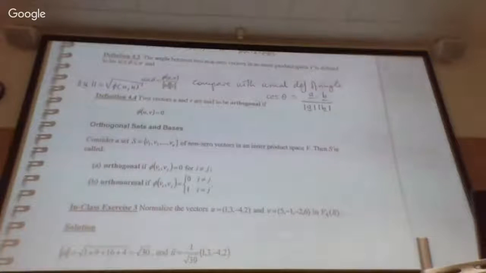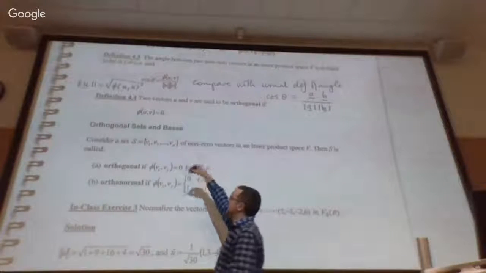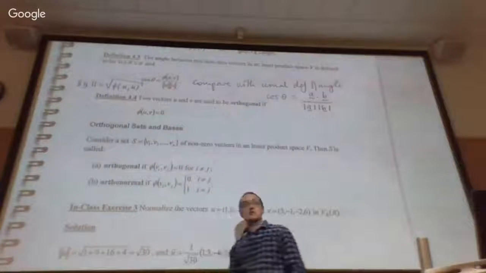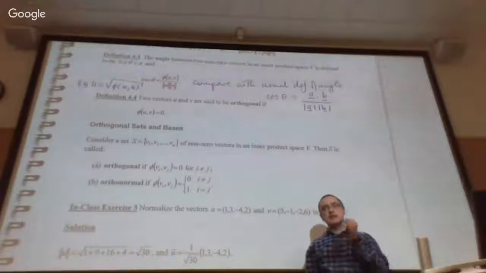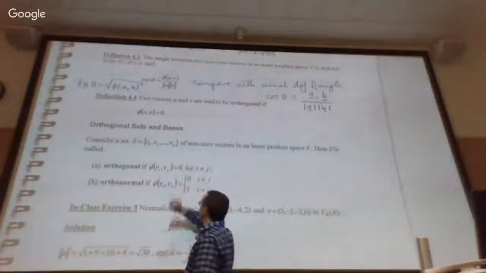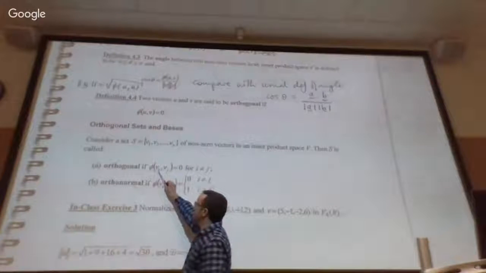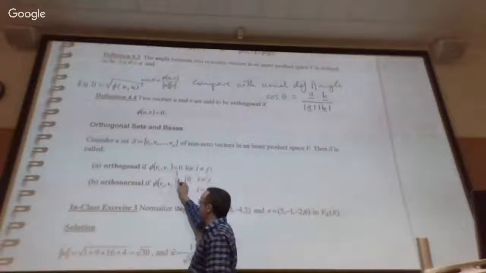So as well as a pair of vectors being orthogonal, we can speak of sets of vectors being orthogonal. It's just the generalization from saying a pair is orthogonal to saying a set of n vectors is orthogonal. What that means is that if you select any pair of different vectors from the set, they will have an inner product of 0. So here it's saying this set S is orthogonal if the inner product of Vi with Vj, as long as i is different from j, is 0.